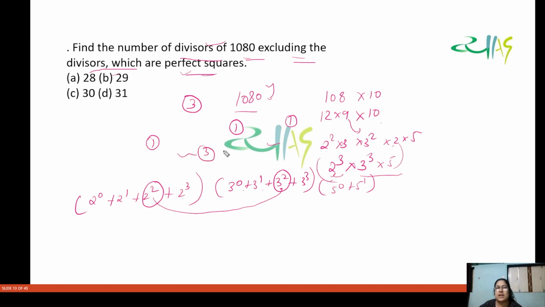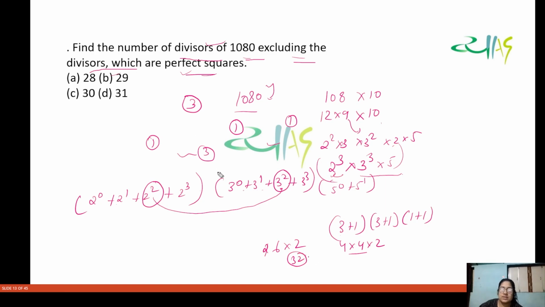And what is the total number of factors here? So we have 3 plus 1, 3 plus 1 and 1 plus 1. So that is 4 into 4 into 2, which is 16 into 2, which is 32.